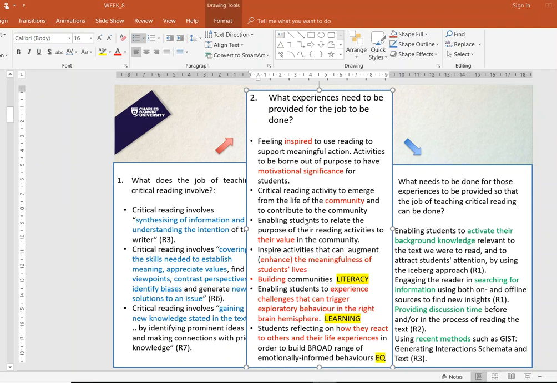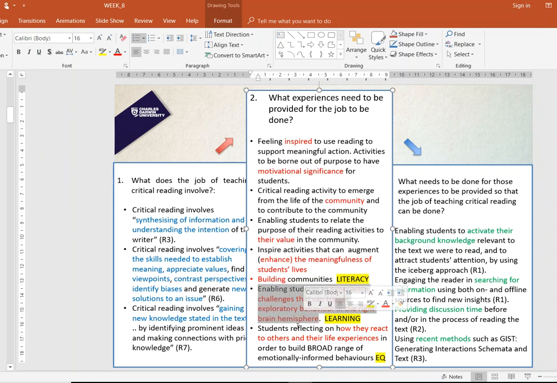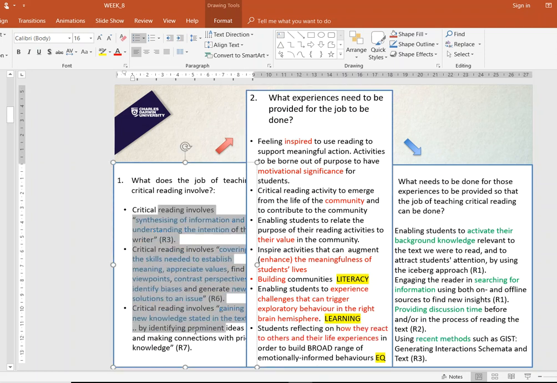And now, once you have your questions responded to, which is literacy, learning, and personal well-being of the student, once you have those learning experiences outlined according to these three questions, you can now check whether you have chosen your curriculum content correctly.